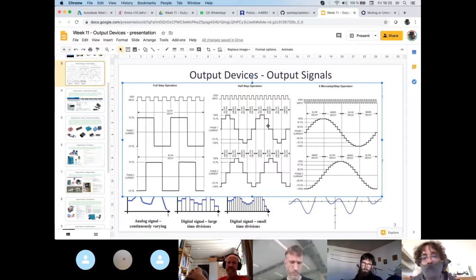But when you subdivide this wave, you still have current. And this current that you have inside the coils is taken into consideration by the driver. So what you do is you still vary these small chops, small gaps, small steps over here, but you still take into consideration the amount of current that you have.